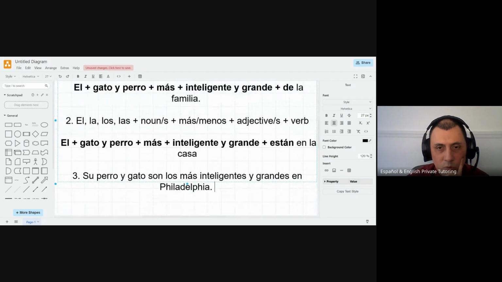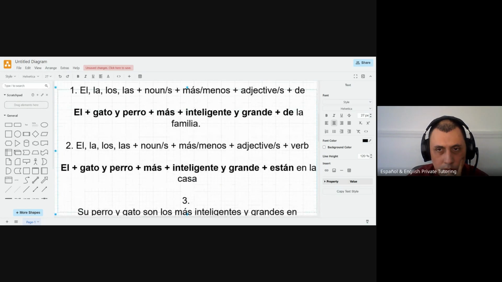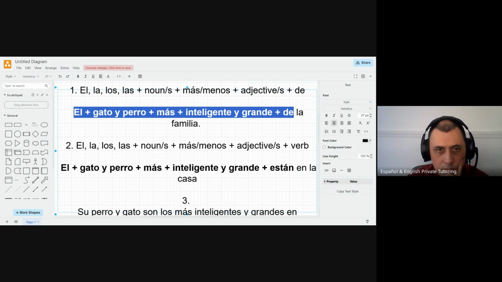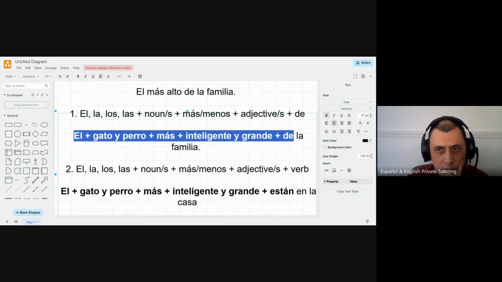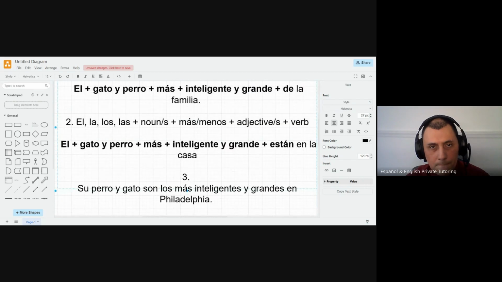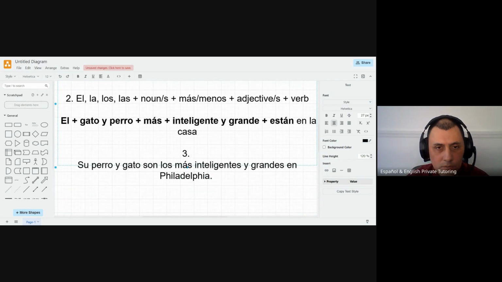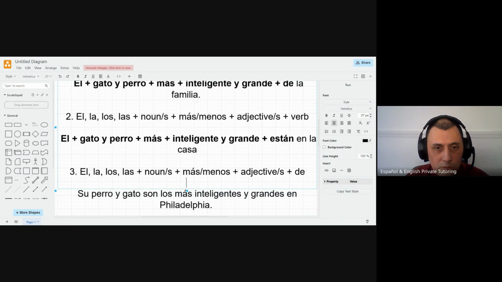So here is where you use the form that the book is giving. When the noun or nouns are understood, then you use a simpler formula.